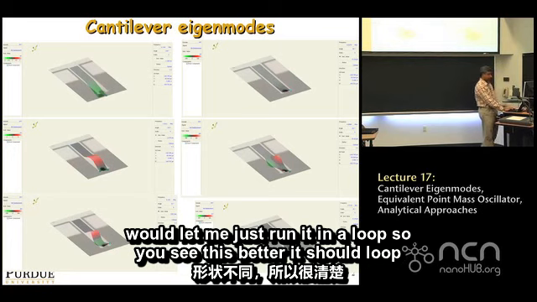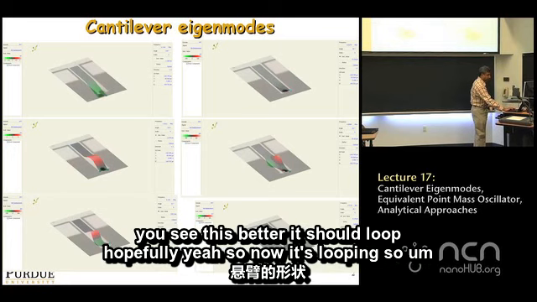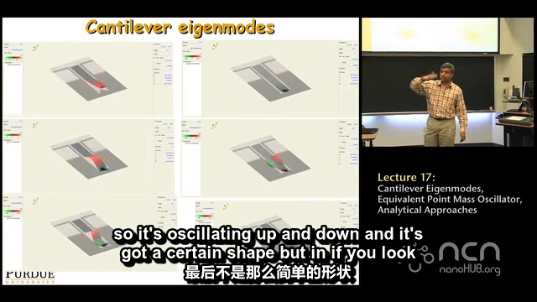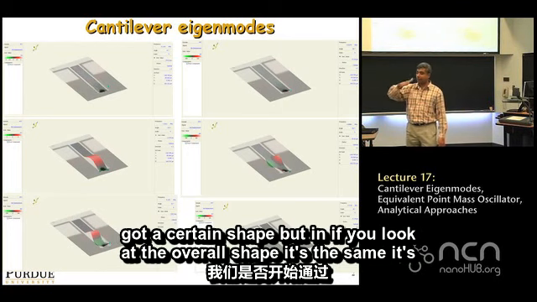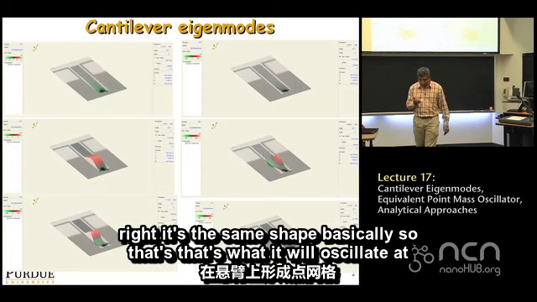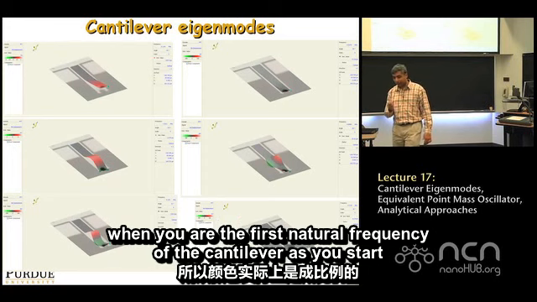Yeah. So now it's looping. So it's oscillating up and down, and it's got a certain shape, but if you look at the overall shape, it's the same, it's just its magnitude is changing with time, right? It's the same shape, basically. So that's what it'll oscillate at when you're at the first natural frequency of the cantilever.